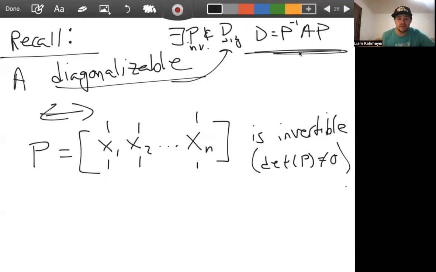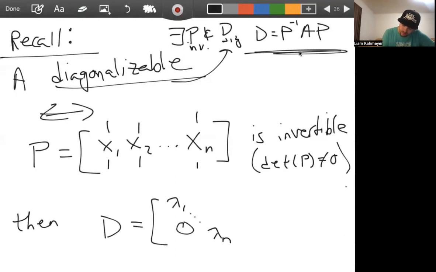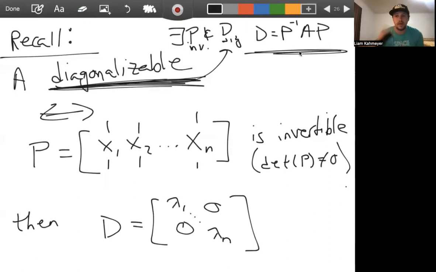And if that's the case, then A is diagonalizable, and you can find the diagonal matrix that it's similar to very simply. Then D is the diagonal matrix with lambda 1 through lambda n on the diagonal and zeros everywhere else, right? So I just wanted to remind everyone of that.